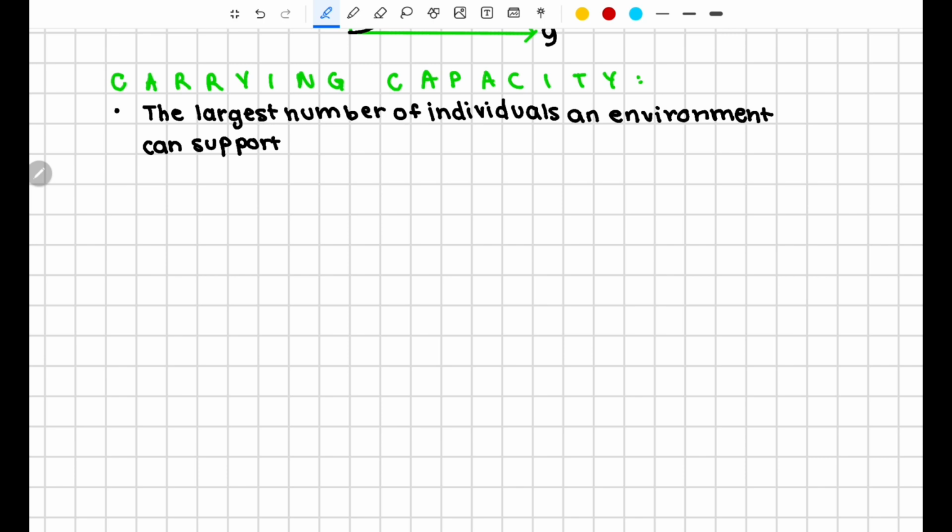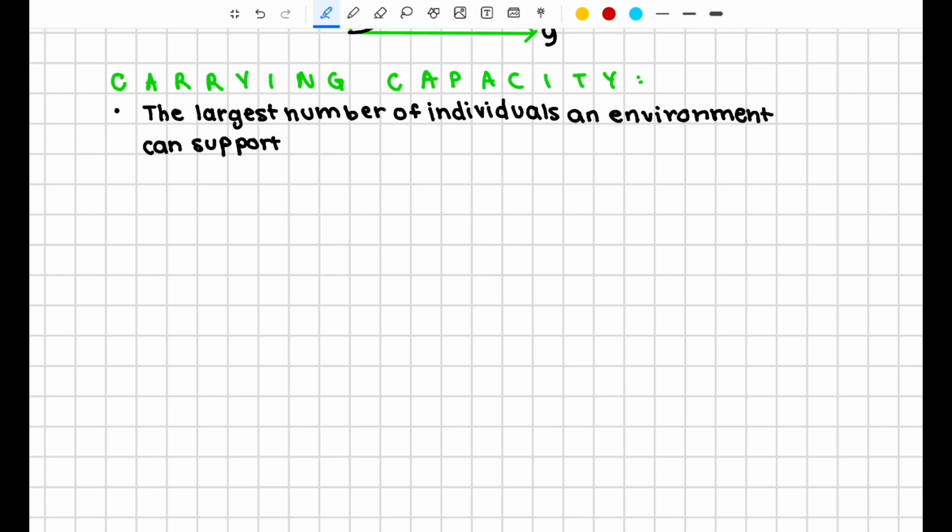And when that carrying capacity is reached, it becomes harder and harder for the population to grow anymore because that environment simply cannot support all of those organisms. It doesn't have enough resources for that. That's when you start to see competition for those resources. And that does not lead to population growth.